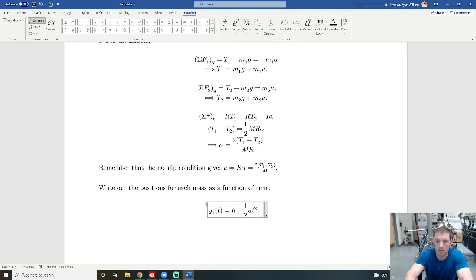And then for the other one, it just starts at y equals 0, and it moves up at 1/2 a t squared.